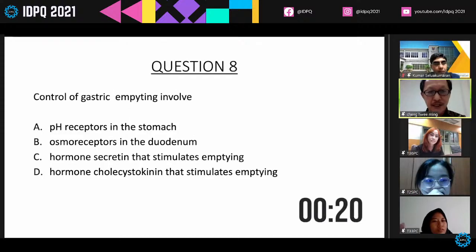Control of gastric emptying involves pH receptors in the stomach, osmoreceptors in the duodenum, hormone secretin that stimulates emptying, or hormone cholecystokinin that stimulates emptying. The time starts now.